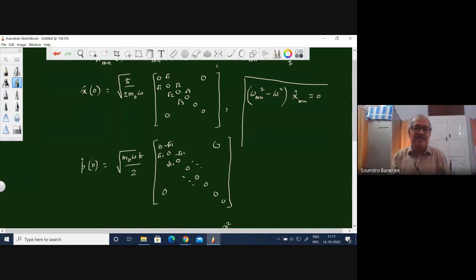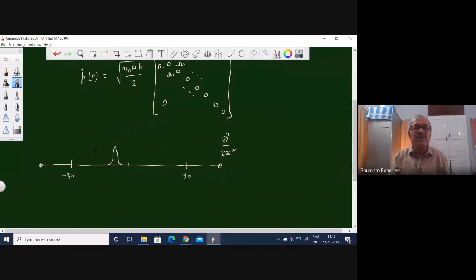Only thing is that depending on where you start, when the starting wave function is, you will have to calculate its overlap with the different energy eigenfunctions, and depending on that, you will have to do the computation. And if you find that beyond a certain energy value, the eigenfunction's overlap is becoming practically negligible, you can ignore that. So accordingly, your size of the matrix will be determined.